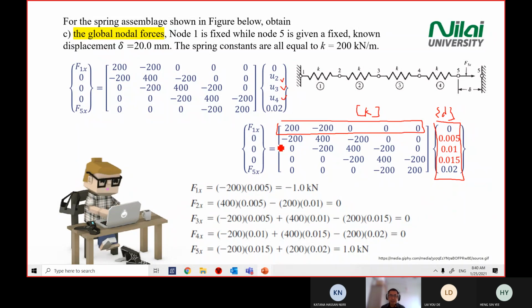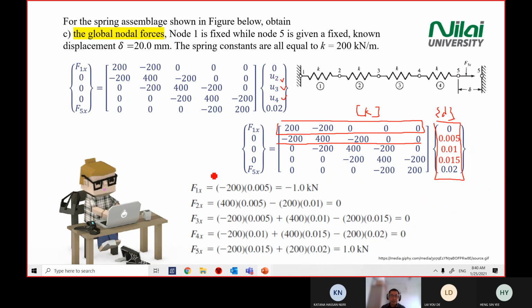Second equation, take the second row times the column. 200 times 0, you get 0. 400 times 0.05, you get this one. Negative 200 times 0.01, you get this one. 0 times this one, 0. 0 times this one, 0. You repeat for the rest, you'll get the similar equations that we see on the screen here.